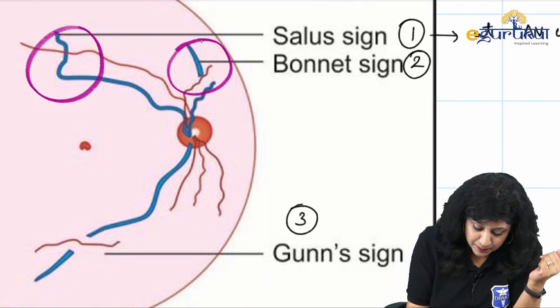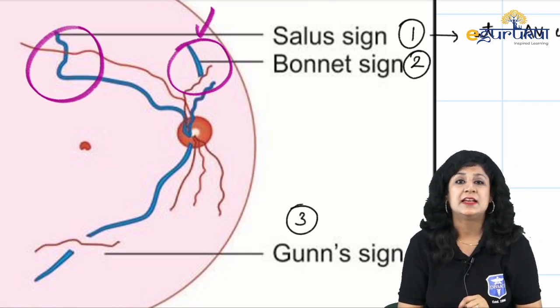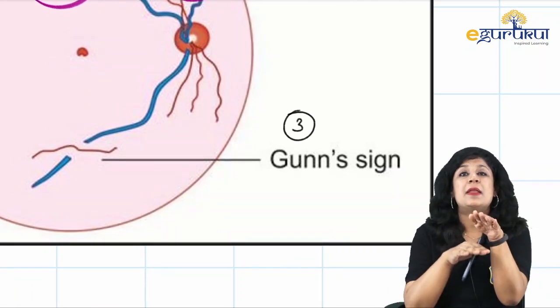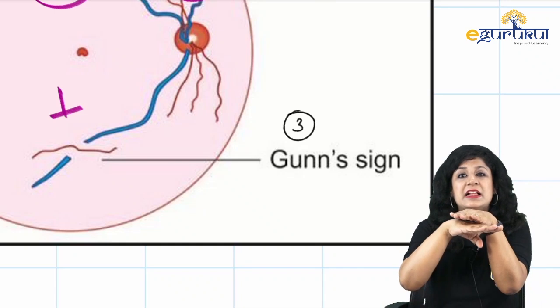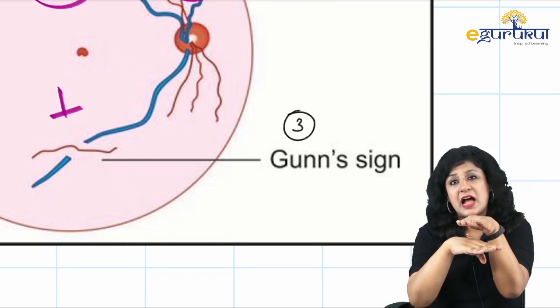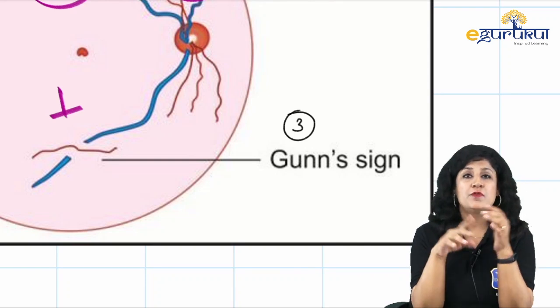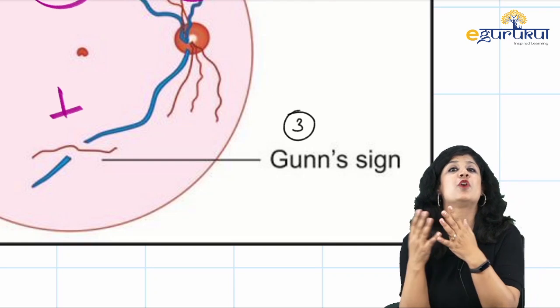When it is taking place distal to the AV crossing, then it is called the Bonnet sign. And then we have the Gunn sign. So in the Gunn sign, what is it? It is perpendicular or right angle. So what will happen? A vein will be concealed beneath the artery. It is going beneath. This is called the Gunn sign. So we have the Salus sign, the Bonnet sign, and the Gunn sign.